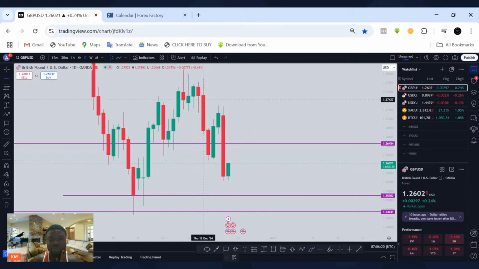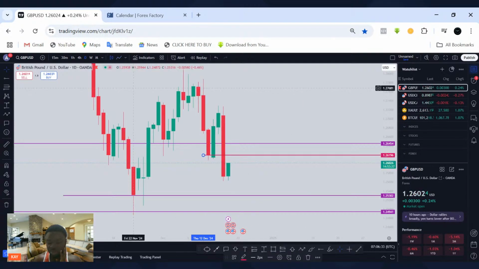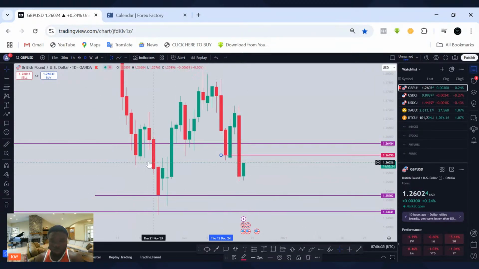The daily time frame trend is a downtrend as well.